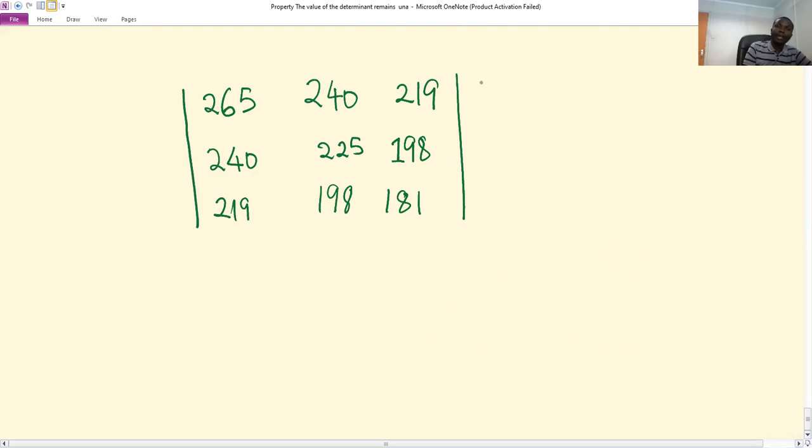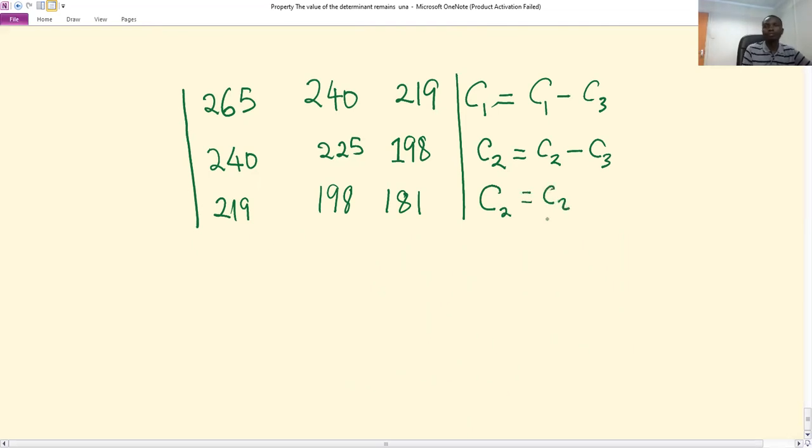So we'll say, let column 1 be the same as column 1 minus column 3. Let column 2 be the same as column 2 minus column 3. And let column 3 remain to be column 3. So this will transform this determinant into, column 1 minus column 3 means 265 minus 219.